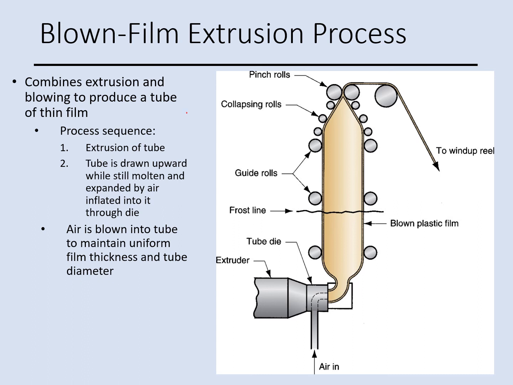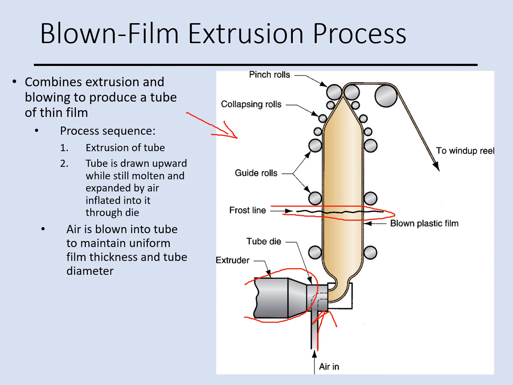As you see, this picture shows the process sequence, and the extruder is here. We have air that is blown inside that tube, and we have a frost line in this area. That frost line marks the position where the solidification of the polymer occurs.